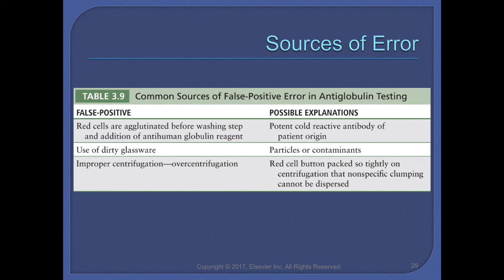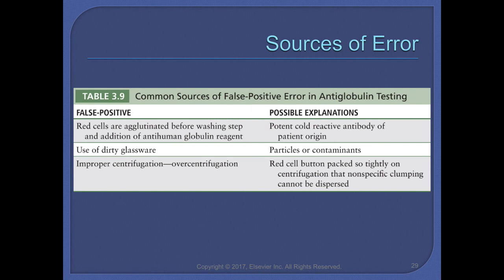In this case, if this gave us a false positive reaction with the AHG test, the red cell button is packed so tightly on centrifugation that non-specific clumping cannot be dispersed from the bottom of the tube. So that can cause an issue as well. So we have to make sure there is no agglutination before the washing step.